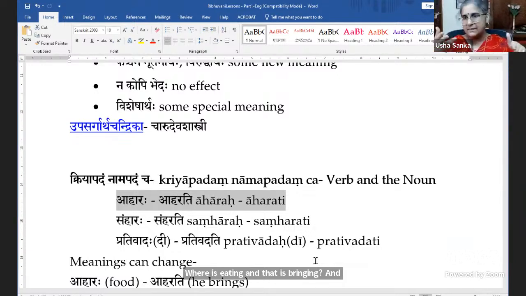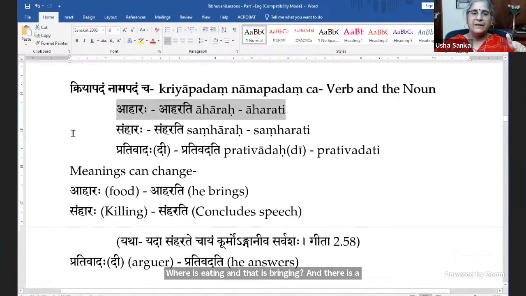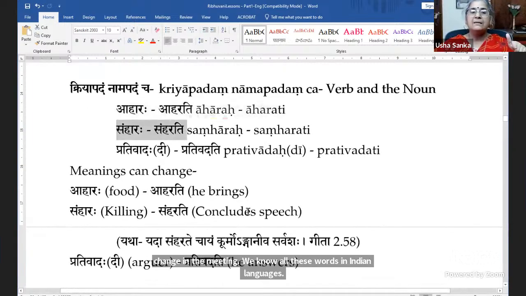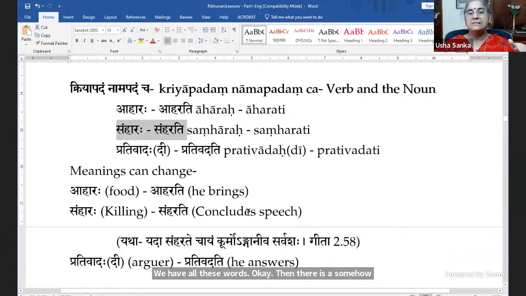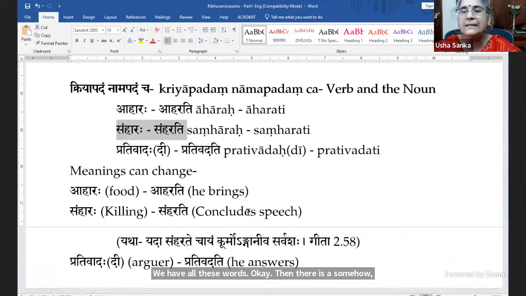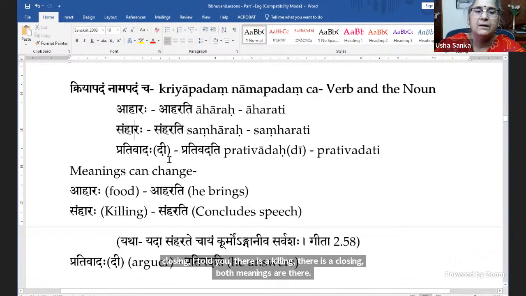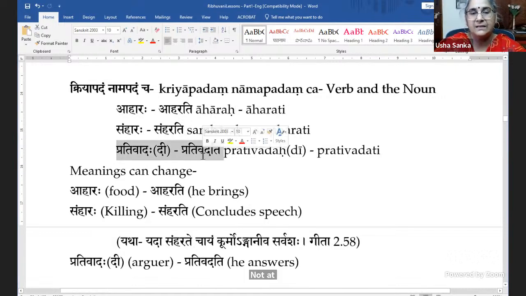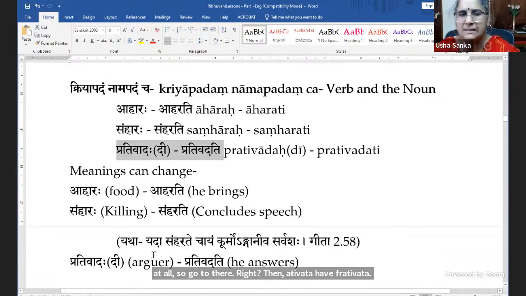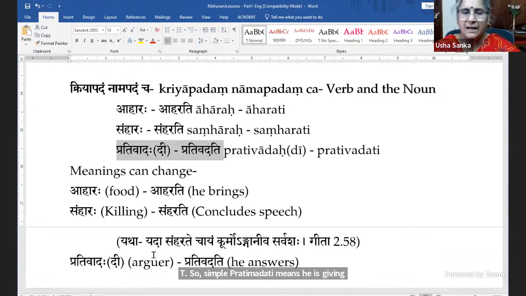We know all these words in Indian languages. Then there is samharaha, samharati. I told you there is a killing and there is a closing. Both meanings are there. So upasamharati, upasamharaha also go together. Then prativadaha, prativadati. Simple prativadati means he is giving an answer, he is replying.